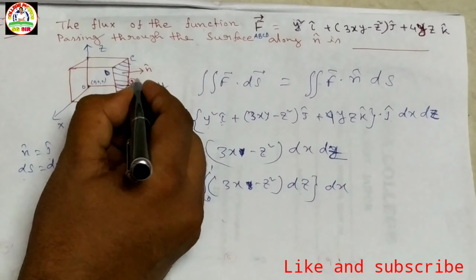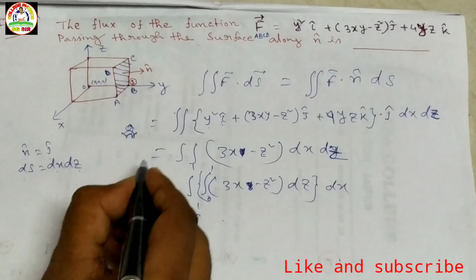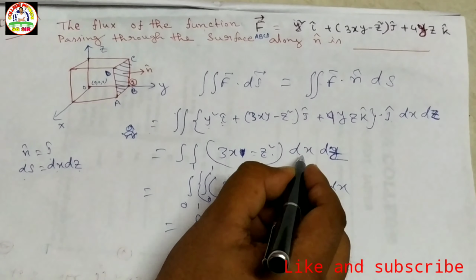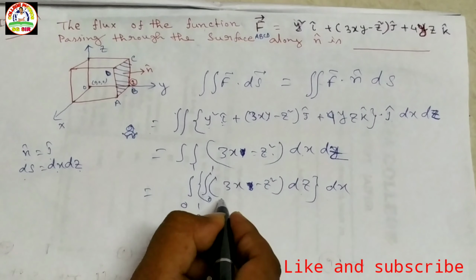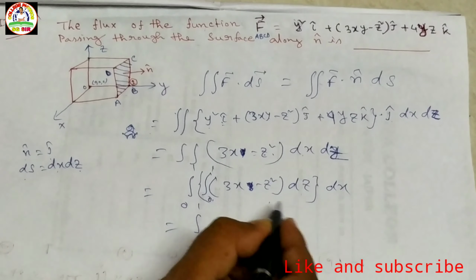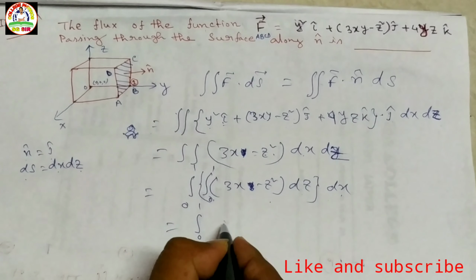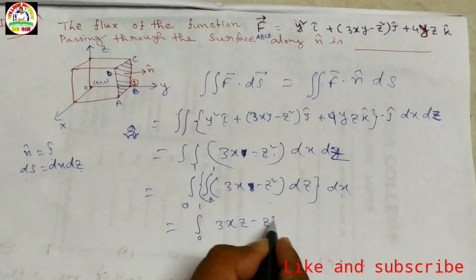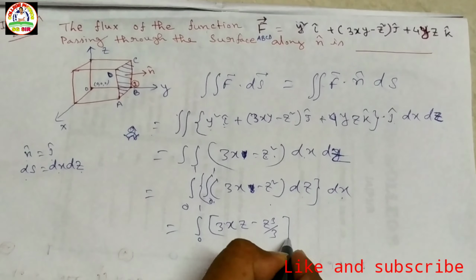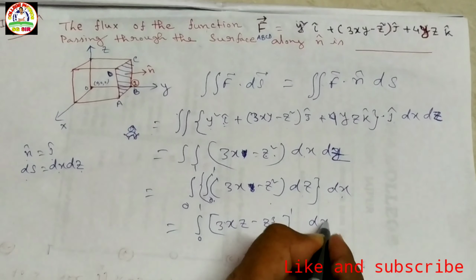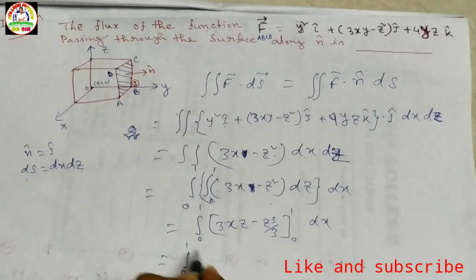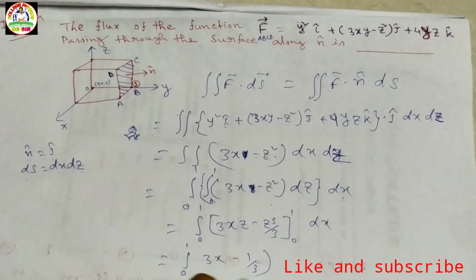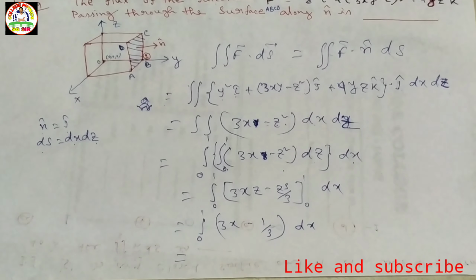Here the value of y is given as 1. So we get only (3x minus z square) into dx dz. At first we integrate with respect to dz, then we integrate with respect to dx. So we get 3xz minus z cube by 3, limit 0 to 1, into dx. So we get the integral from 0 to 1 of (3x minus 1 by 3) into dx.